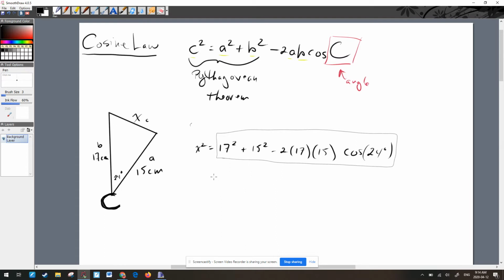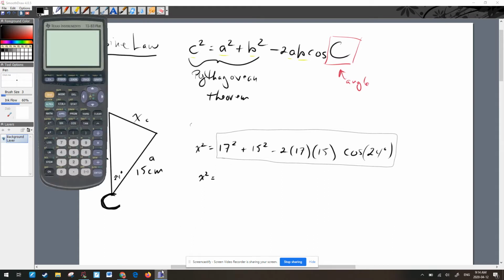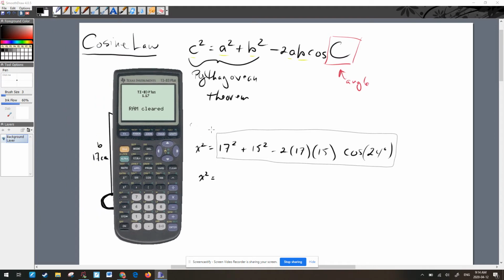So I can type this directly into my calculator exactly as it appears. Now, I know that often you're encouraged to not type everything in one go. With cosine law, particularly if you have a two-line calculator, I advocate typing this whole thing in at once. We need to make sure that our calculator is in degrees. Mine is not in degrees, so I'm going to put it in degrees.